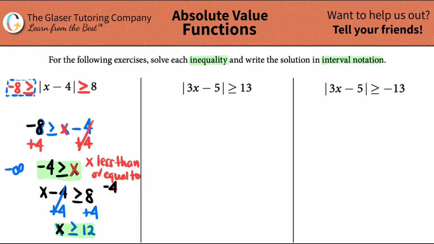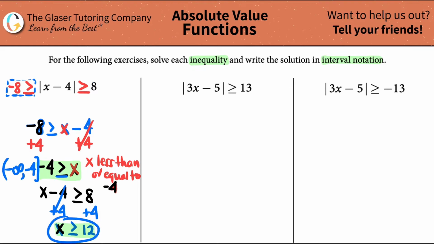So I could go all the way to negative infinity, and then I will stop at negative 4. With infinities, it's just a theoretical concept, so you will exclude it and put a parenthesis. But since I'm including the negative 4, because it's greater than or equal to, I have to put a bracket. So that's the first one.